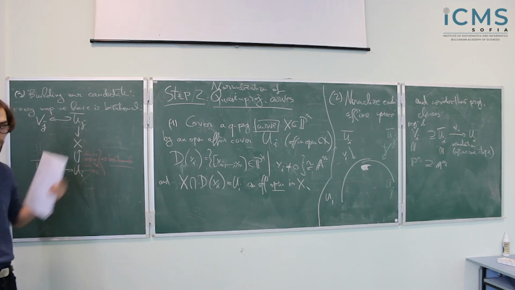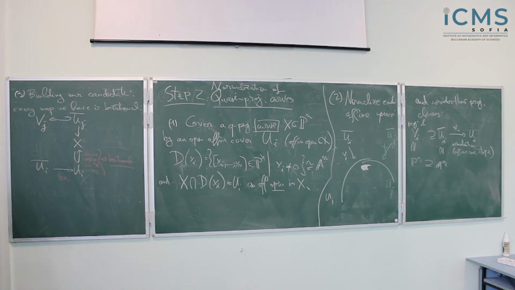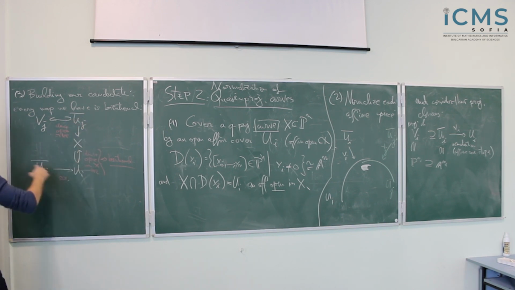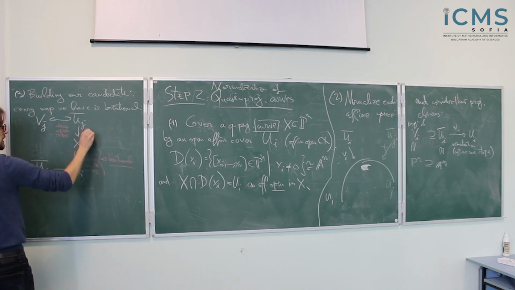If you remember, this is a topological closure for the Zariski topology. So this is also dense, and U bar is actually an open subset, so this is dense open, so it is birational. So this is also birational by the composition of birational maps here.